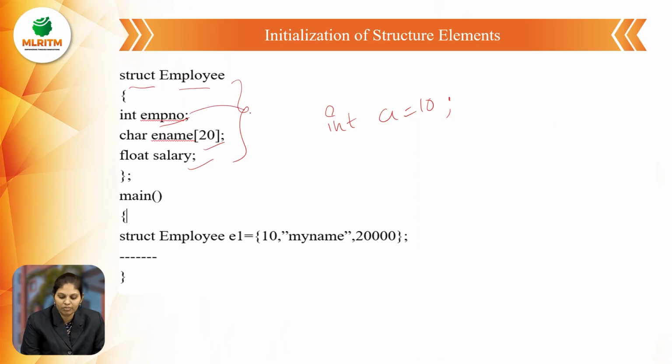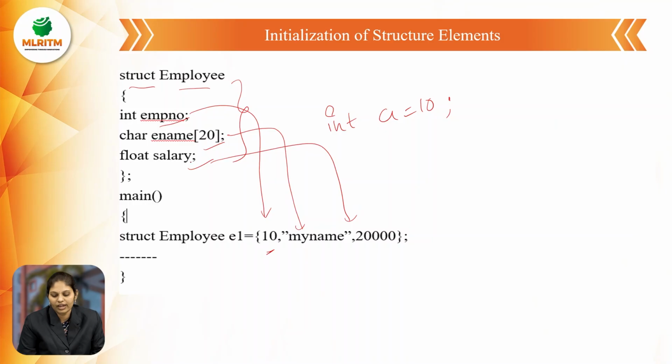Suppose the employee number is 10, the employee name is, for example, Prasanna, and the salary is something like 100. You initialize the variable only in this manner.